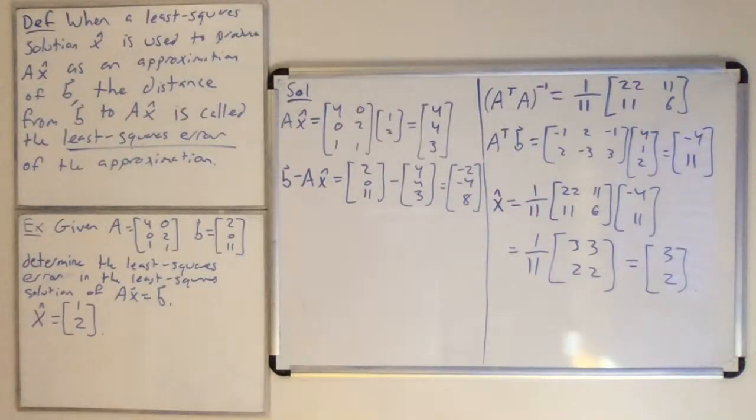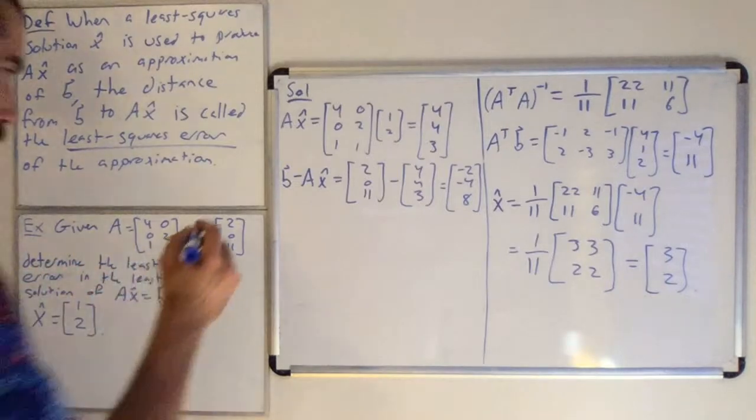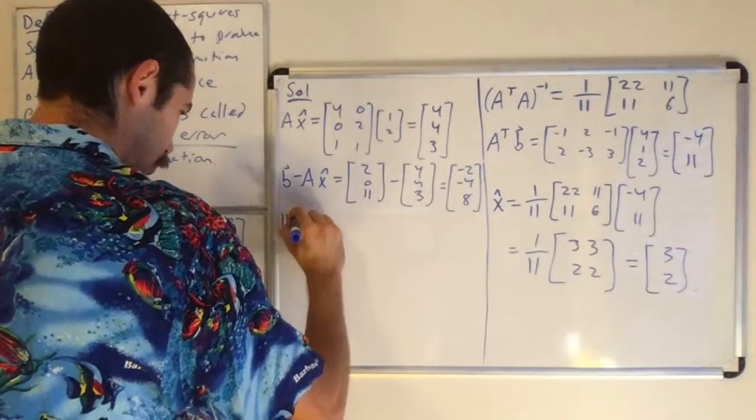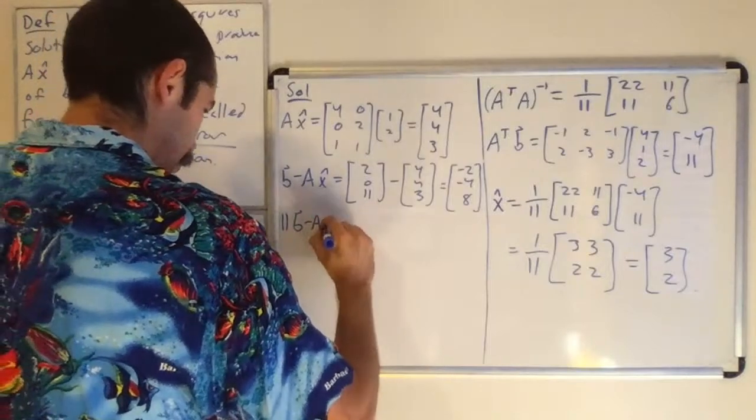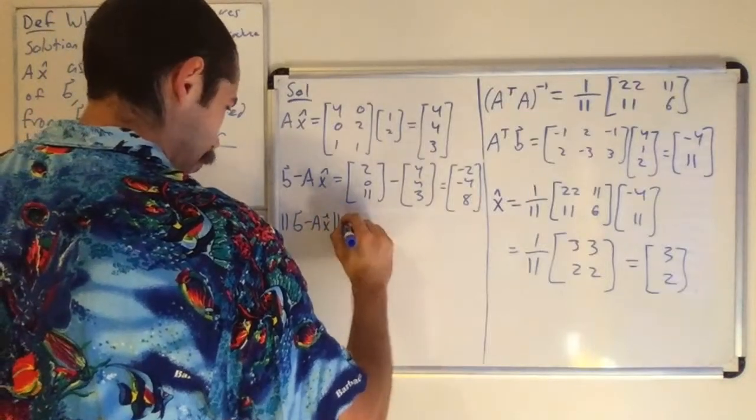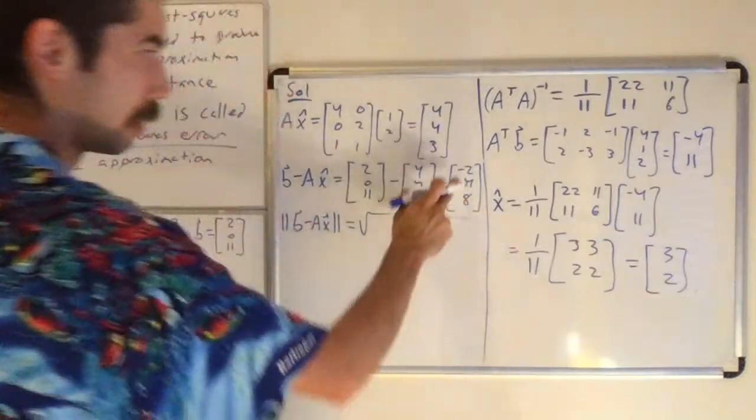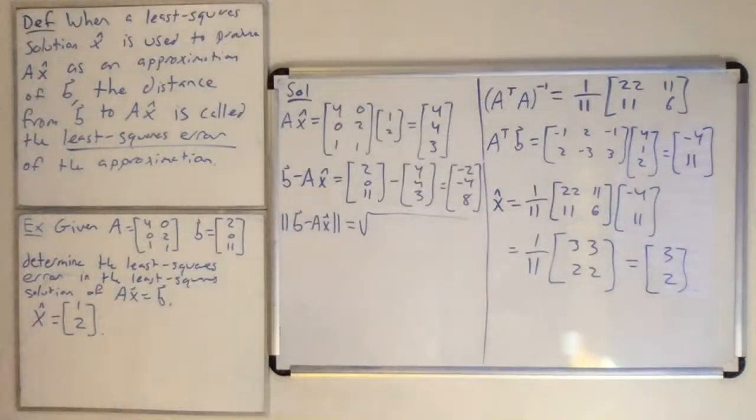The vector B minus A x hat is minus 2, minus 4, 8, and its length is the square root of the sum of the squares.